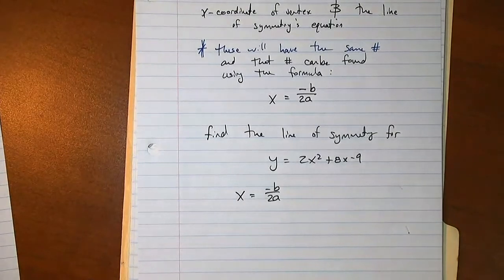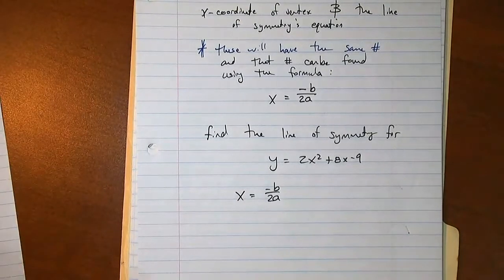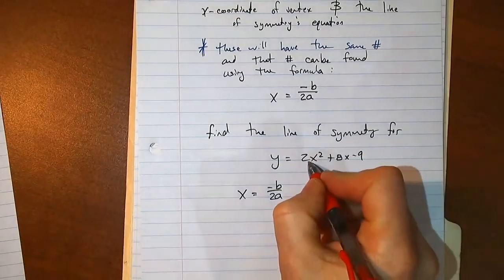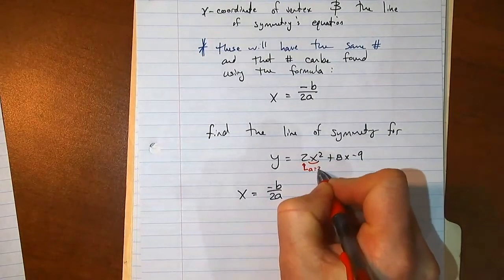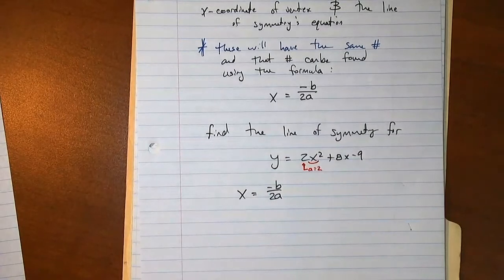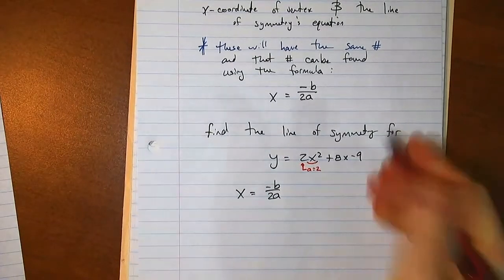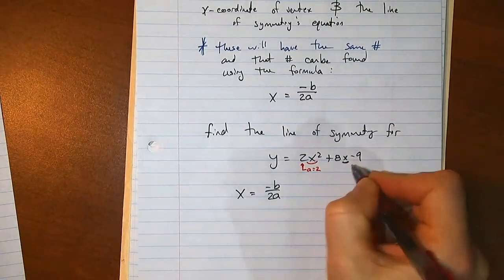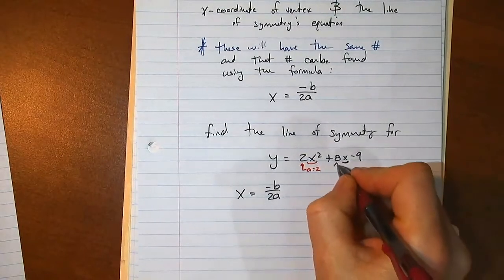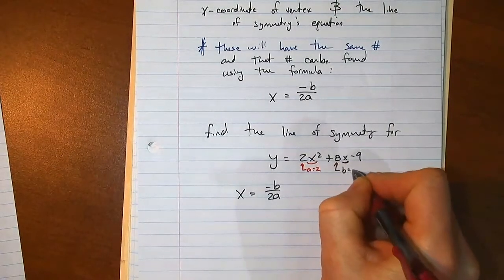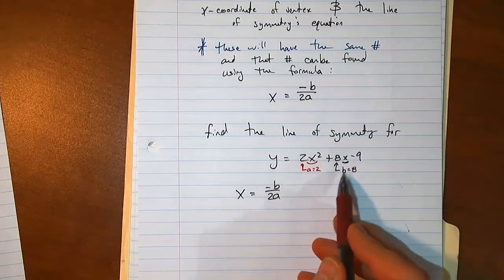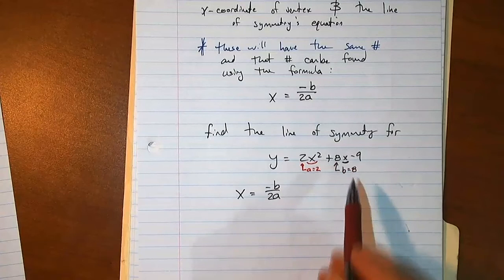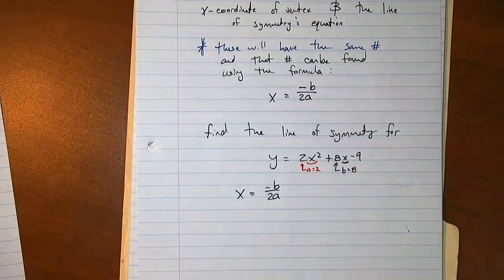Remember, the way you find the value of a is you find the x squared, and whatever's in front of x squared is the value of a. The way you find the value of b is you find the x, and the number in front of x is the value of b. In this case, they're both positive. Remember, the sign goes with the number, so that plus sign goes with the 8. It's a positive 8.